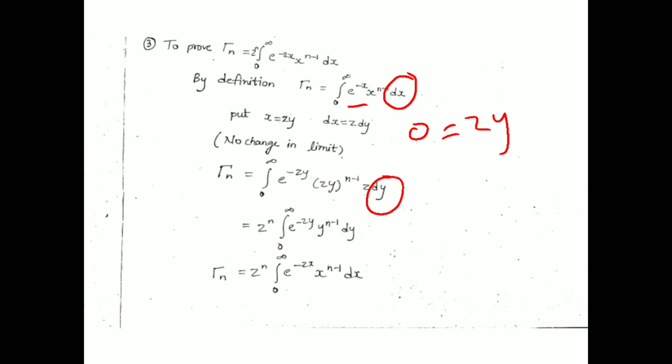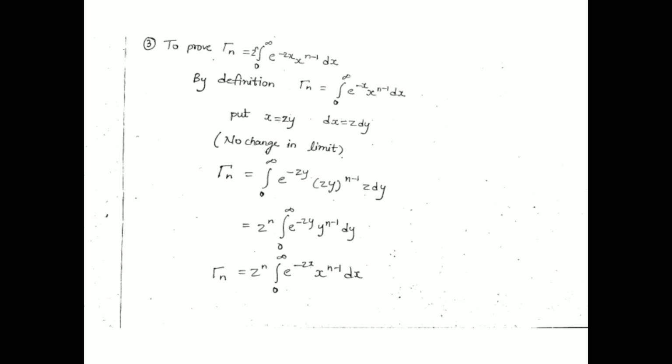Now next, if in the place of x we write infinity, that is also zy. Infinity divided by a constant is also infinity. Of course it is reduced, but it is again infinity. So y is nothing but infinity. So the upper limit also would not change. Here the lower limit and upper limit would not change in this process.